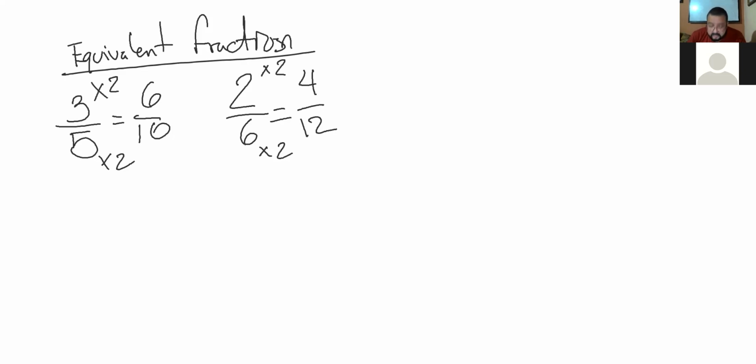Next exercise. I'm going to work only 3 exercises of this lesson. Okay? So the next exercise is 5 twelfths. If we multiply both numbers, in this case, let's say times 3.